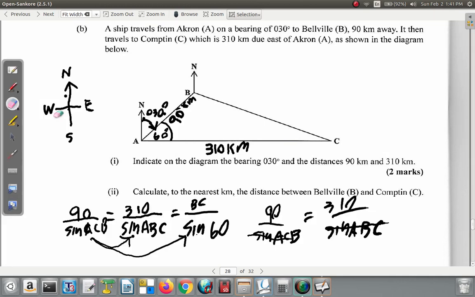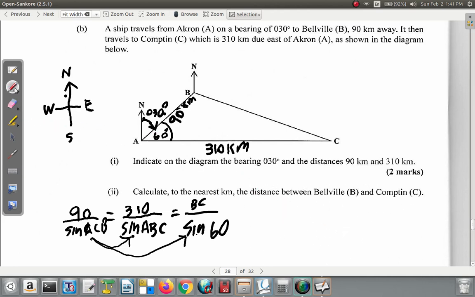So if you try the 90 over sine ACB equated to BC over sine 60. Yeah, you want to know what BC is. That's what you're calculating.